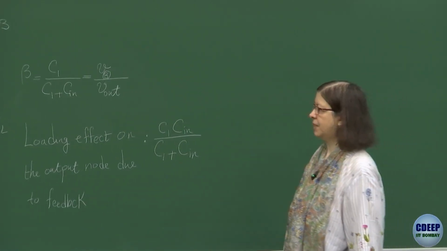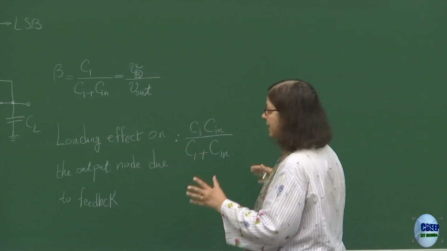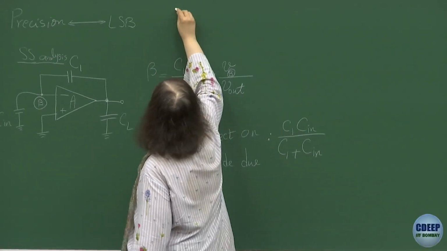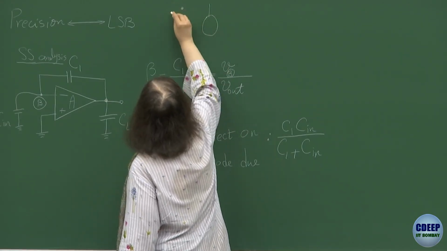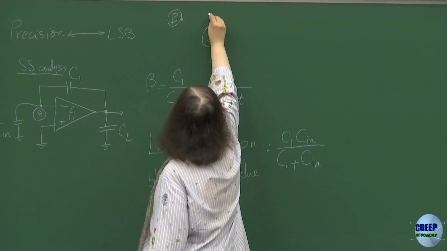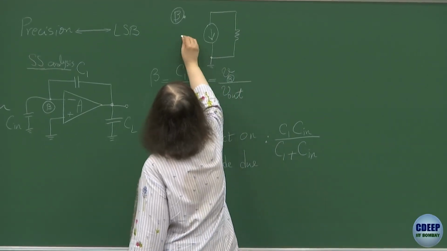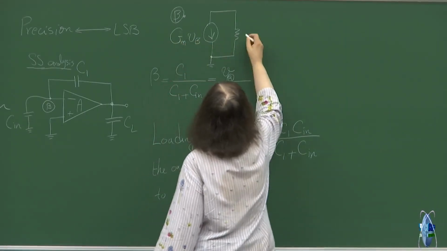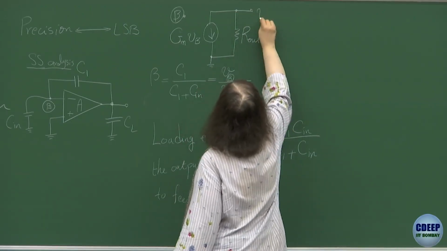And we know the equivalent circuit of the op-amp, which for now doesn't have any internal capacitor and is simply modeled as what we had before. I'm just showing the op-amp with the same nodes.